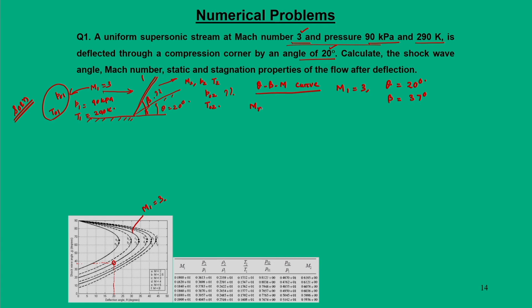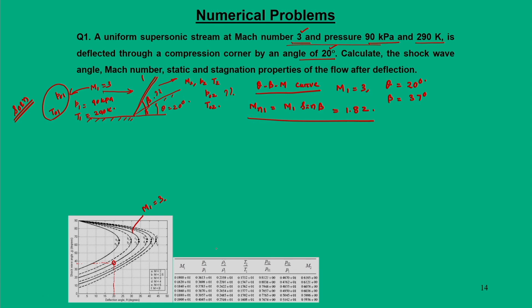Then we can turn this oblique shock problem into a normal shock problem. Then you have to calculate Mn1, that is M1 sin beta. We know M1 is 3 and beta is 37 degree, so it will be about 1.82. So, the normal shock Mach number is 1.82.